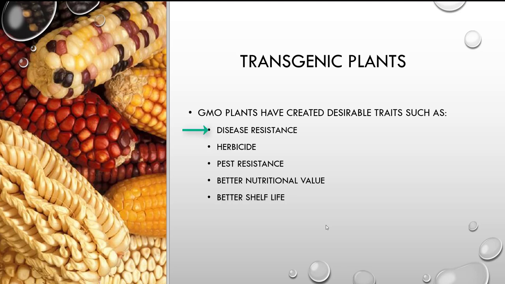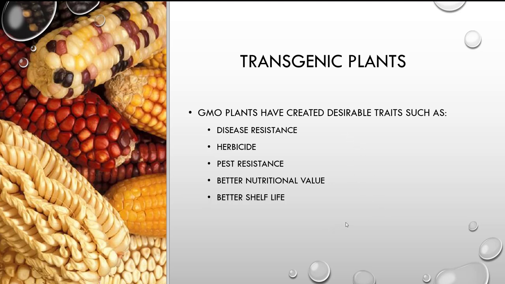We talked about the rainbow papaya in the last video that is resistant to the ringspot virus in the Hawaiian Islands. We can have GMO plants that are herbicide resistant, or resistant to pests like insects. We can have some with better nutritional value, such as golden rice, or a longer shelf life. Okay, so those are some desirable traits.